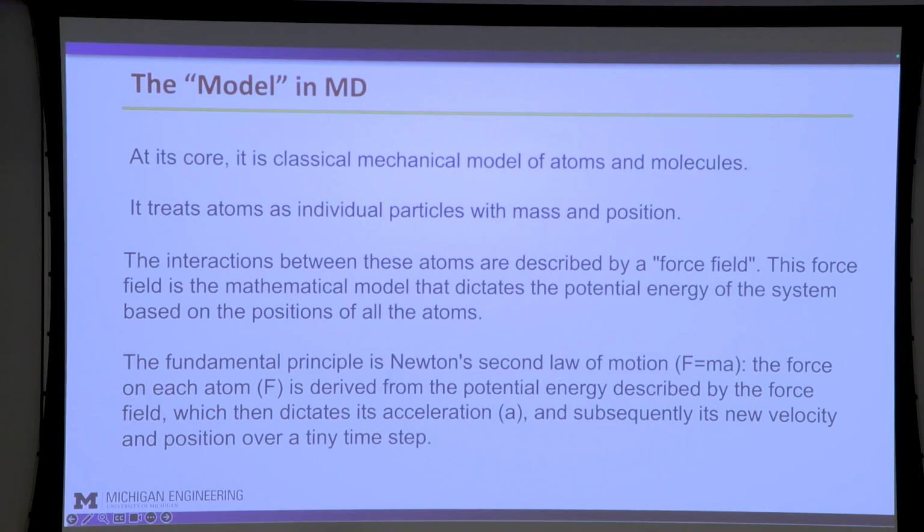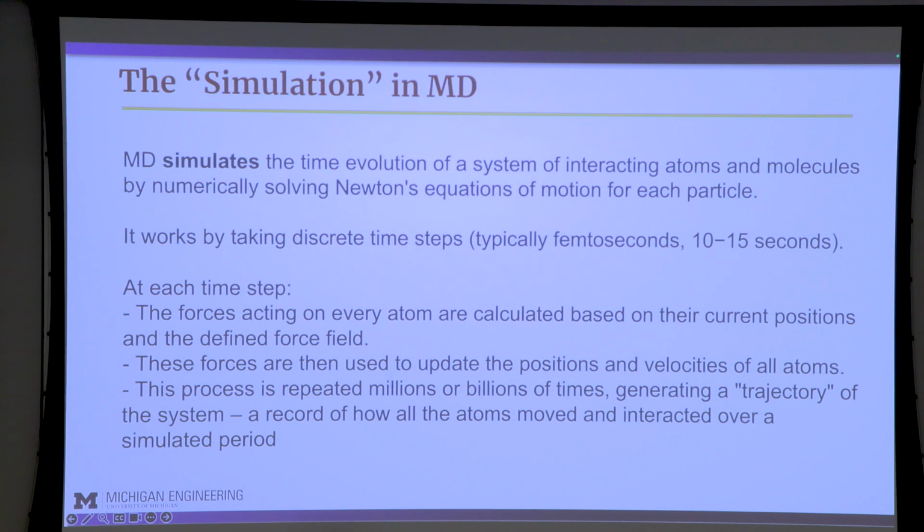And then Newton's second law of motion is the main principle. So the force on each atom is derived from the potential energy, and then from the velocity, you can compute the position over time. What the simulation in MD is, is the time evolution of the system of atoms that are interacting, by solving Newton's equation.